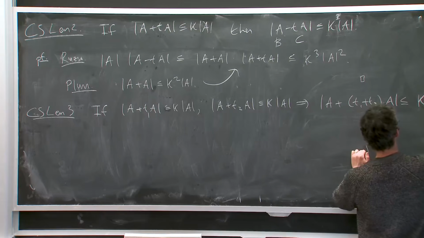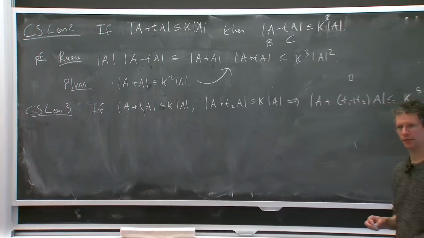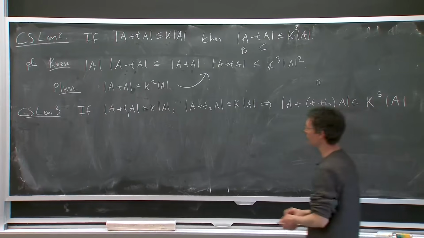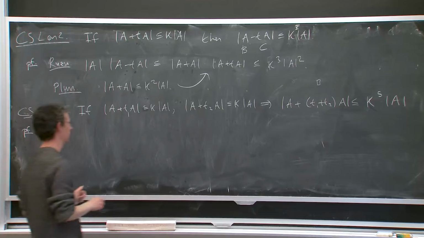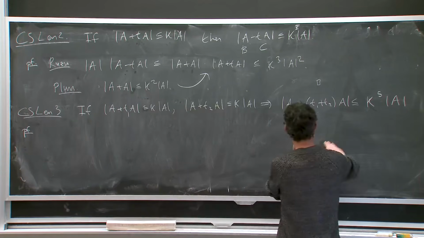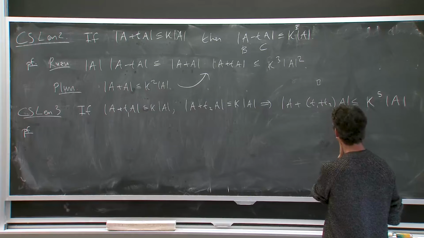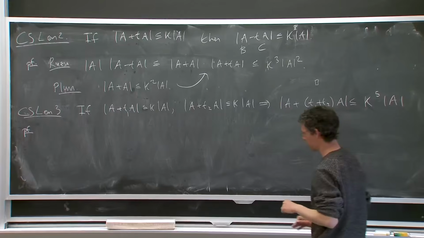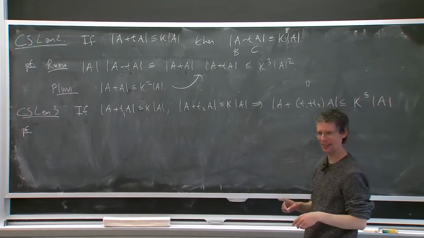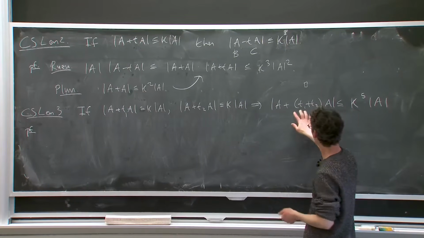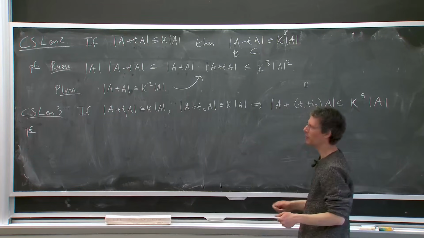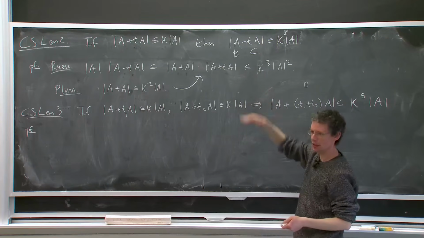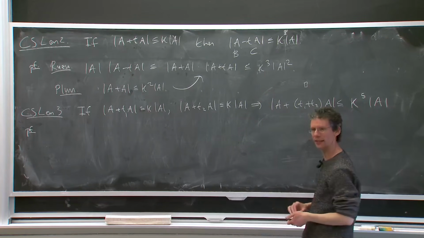This is the trickiest, so I ended up needing the largest exponent. This is a very good exercise in combining these things. We're going to start with this and relate it to some sets that sound even much bigger, but then those sets we can easily chop through with these inequalities and get back to A.